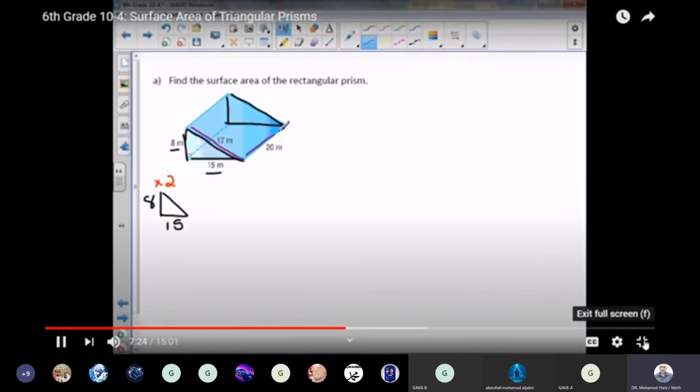This rectangle has a base and height of 20 and 17. And as far as I know, I only have 1 of them. The bottom rectangle is 15 and 20.